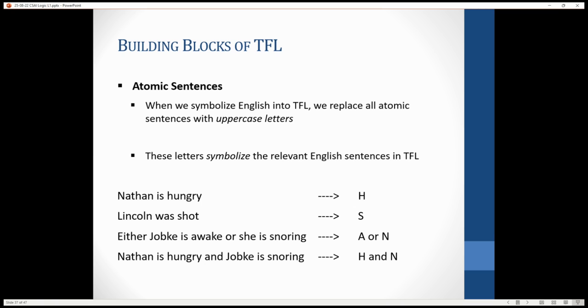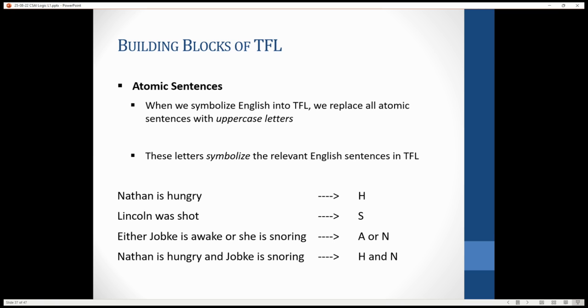So, let's talk about atomic sentences. In TFL, we express atomic sentences with uppercase letters. You have 26 of them, go nuts. There are no restrictions, anything you like. These letters symbolize relevant natural language sentences. In our case, because I'm monolinguistic, these letters symbolize English sentences.